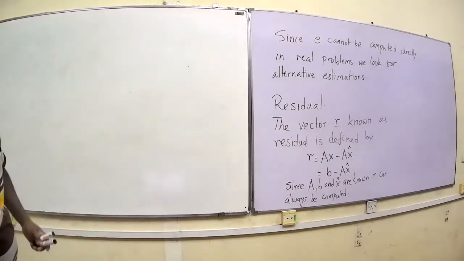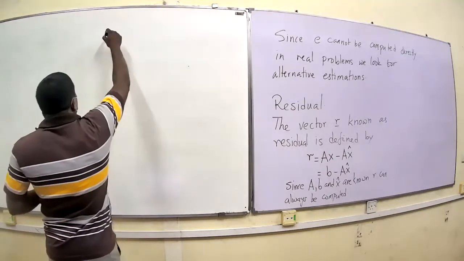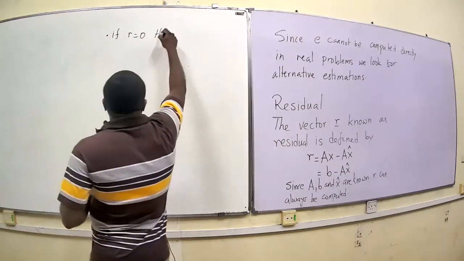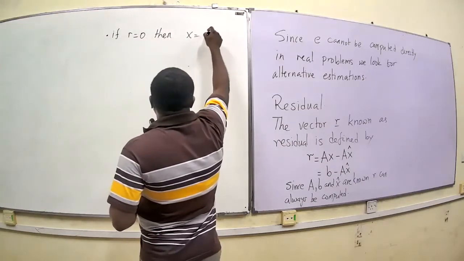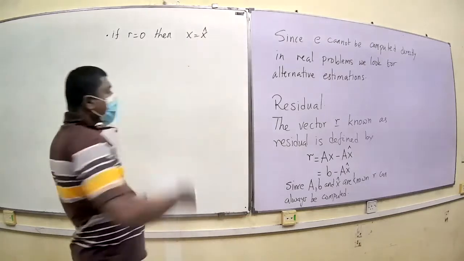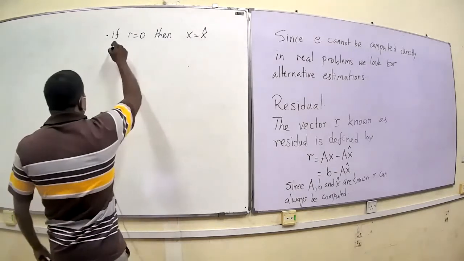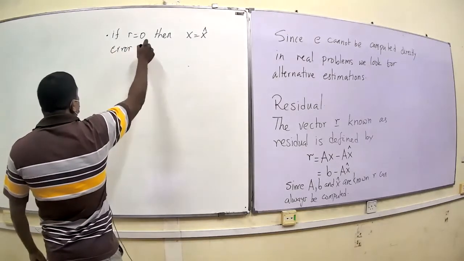First thing, if r is 0, then the real solution and the computed solution are exactly the same, right? So in this case, error is 0.